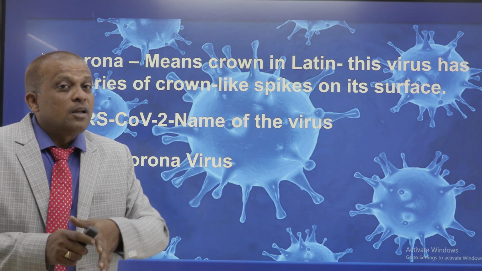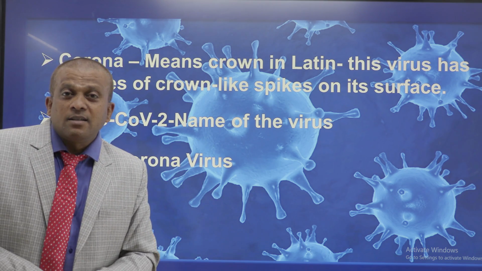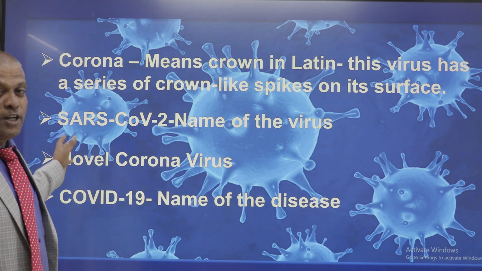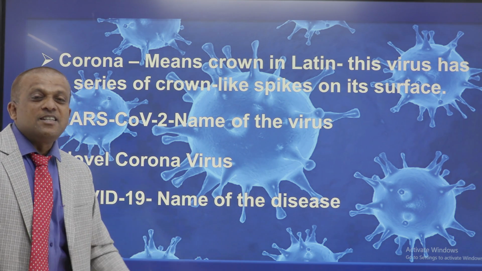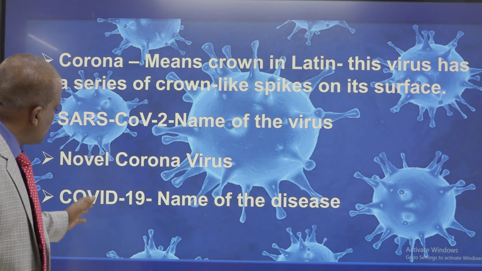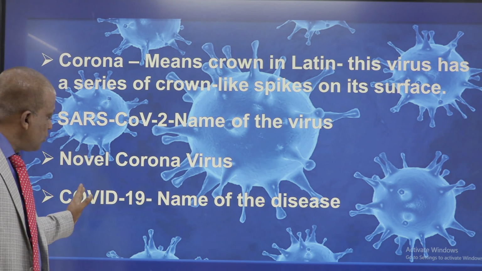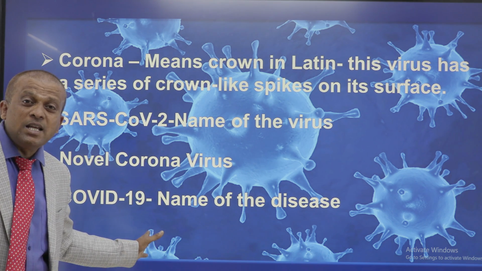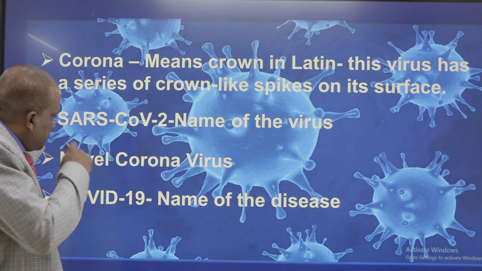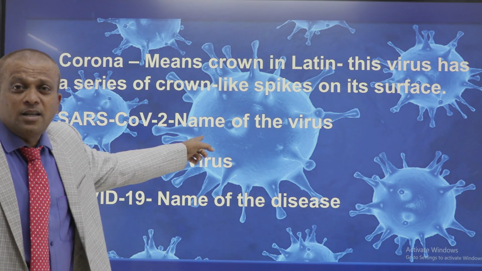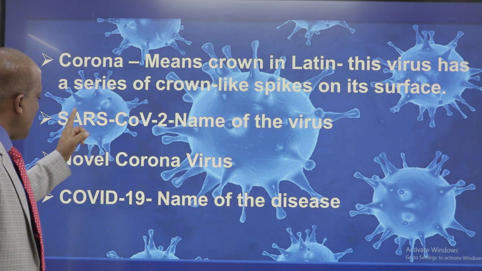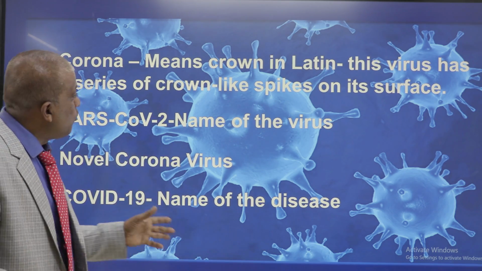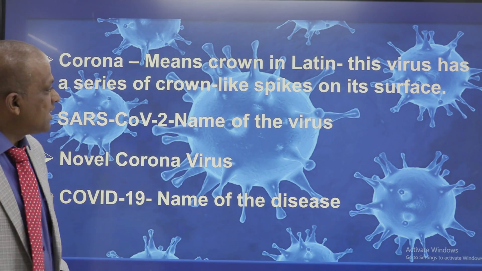They found it as a new virus and hence they named it coronavirus. So, in general COVID-19, that is the name of the disease. COVID stands for coronavirus disease 2019. So, SARS is the name of the virus and COVID is the name of the disease. I hope why coronavirus is clear.